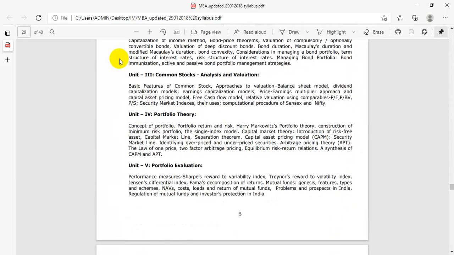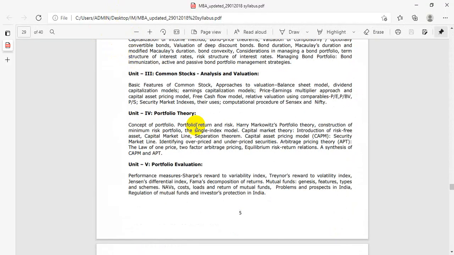So this is where we are. We are done with the performance measures: Sharpe, Treynor, Jensen and Fama. Now the entire part is only theoretical. Mutual funds: the features, types and schemes, return on mutual funds, problems and prospects of mutual funds in India, regulation of mutual funds and investor protection in India. I'm going to cover this in my next class.